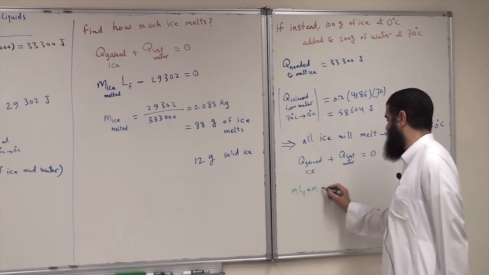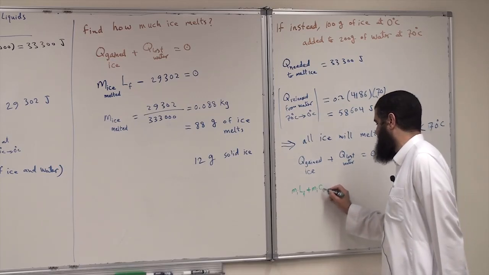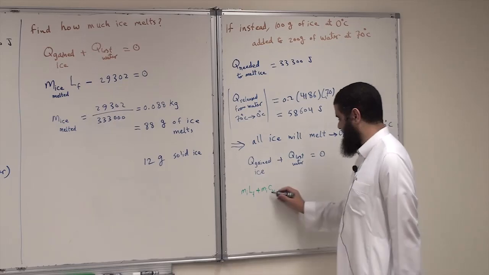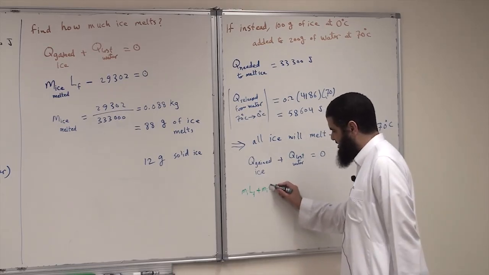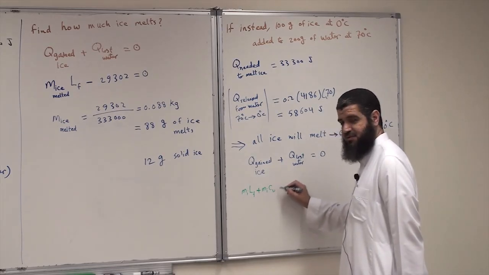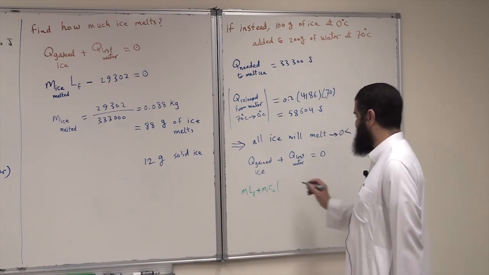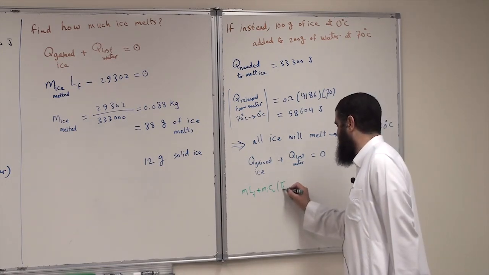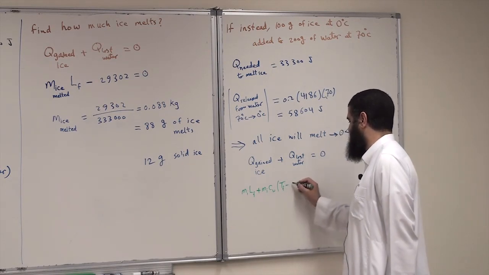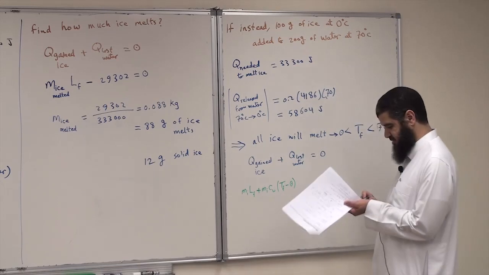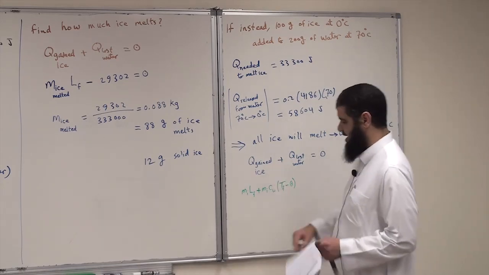So mass of ice multiplied by specific heat of water, because it is now melted ice, multiplied by T final minus T initial, which was 0 after being melted. This is the amount of heat gained by ice.